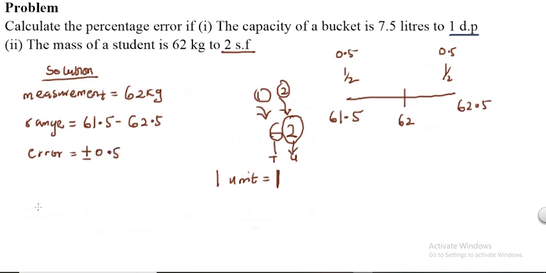So from here we can get our percentage error: percentage error is equal to 0.5 divided by 62 times 100. So if we punch these numbers into our calculator, we get 0.81%.